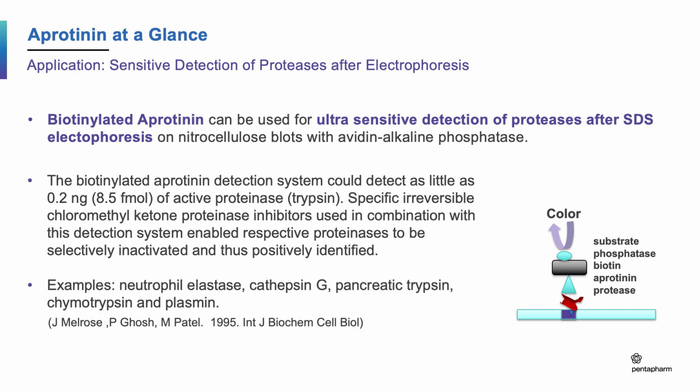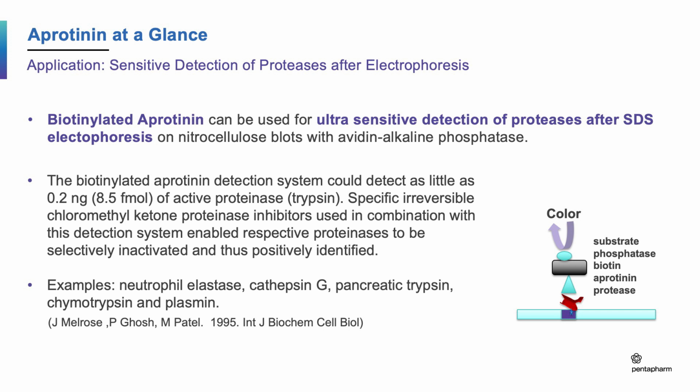Aprotinin can also be used for ultrasensitive detection of proteases after SDS electrophoresis on nitrocellulose blots with avidin alkaline phosphatase. The biotinylated aprotinin detection system can detect as little as 0.2 nanograms or 8.5 femtomoles of active proteinase such as trypsin.